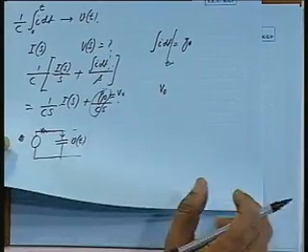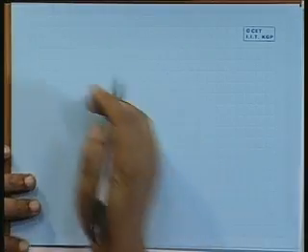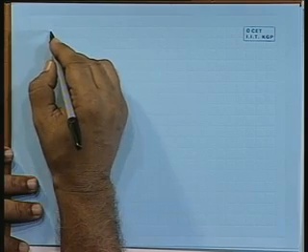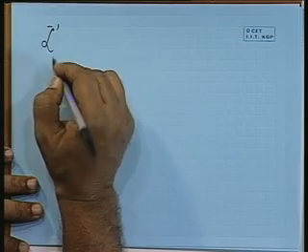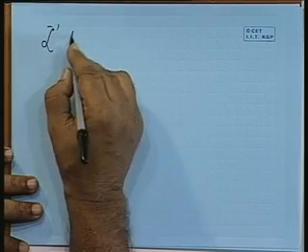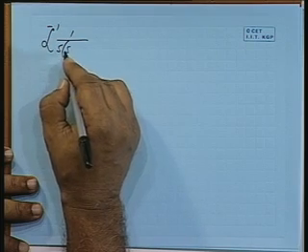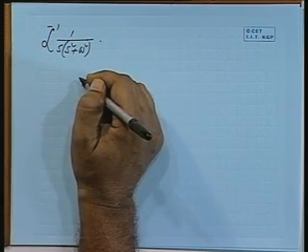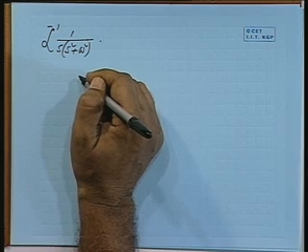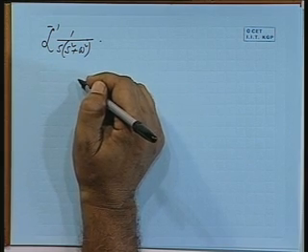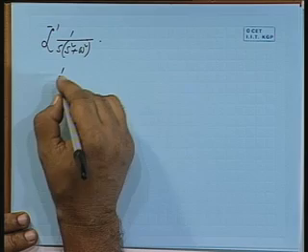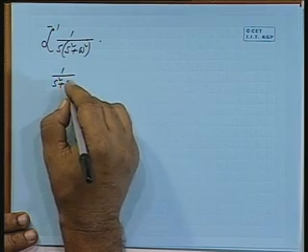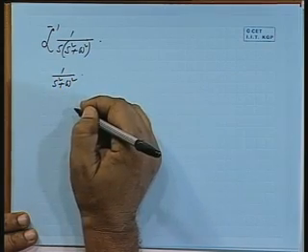Now, we will take up one or two small examples, then again we will come to some other properties. What will be the Laplace inverse of say 1 by s into (s squared plus omega squared)? 1 by s squared plus omega squared, what is the Laplace inverse?